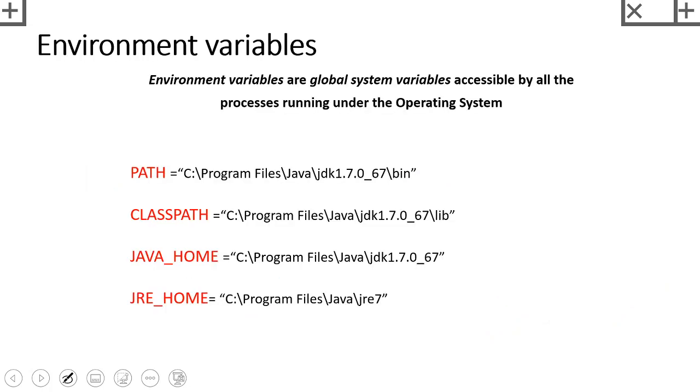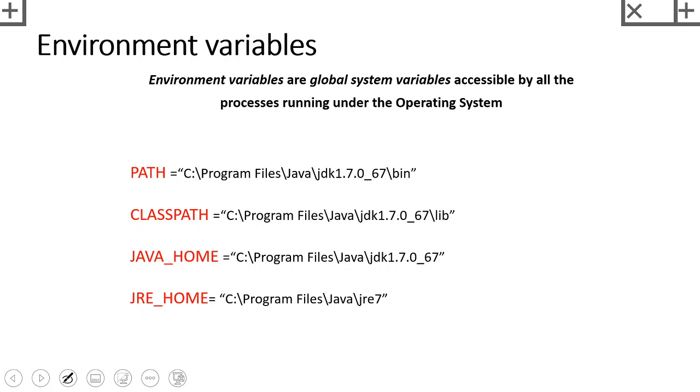The environment variables I am referring to are PATH, CLASSPATH, JAVA_HOME, and JRE_HOME. These environment variables need to be set in system properties. Once you set them, you can run a Java program irrespective of the location where you place that Java file.